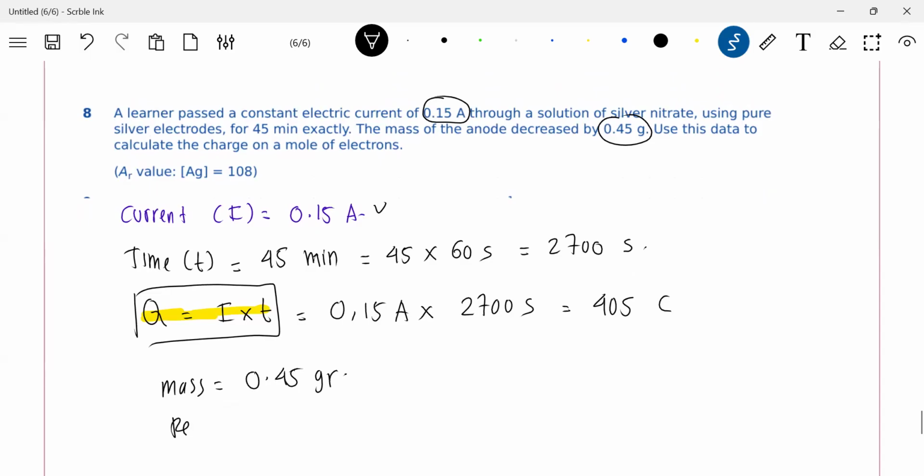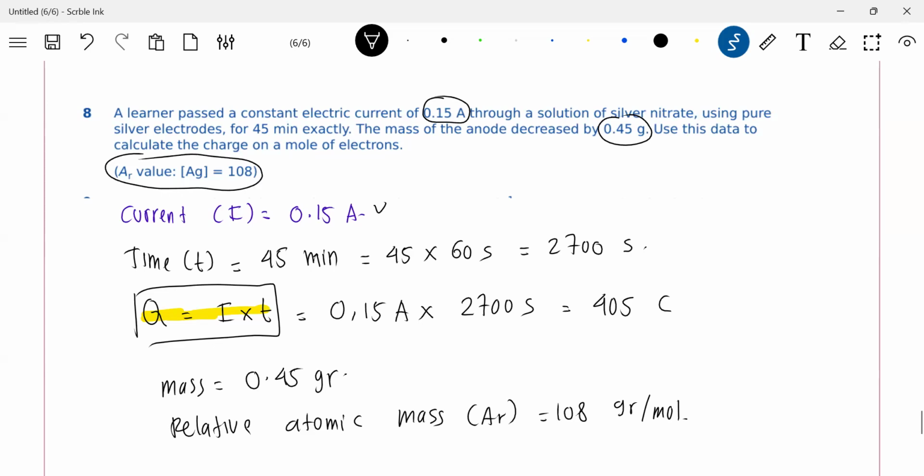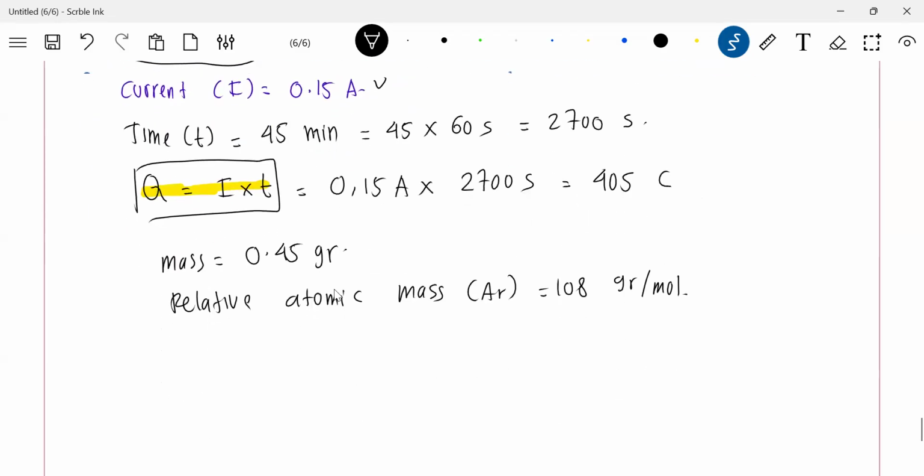The relative atomic mass, Ar, is 108 gram per mole. Of course, this is the data. This is related to stoichiometry. Have you learned stoichiometry before, Diva? Yeah.